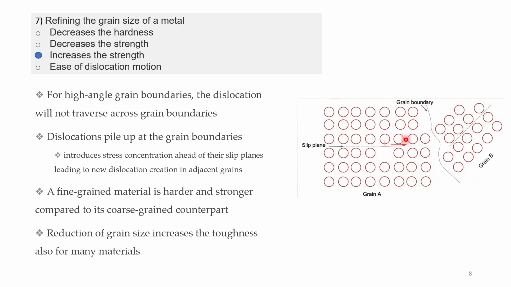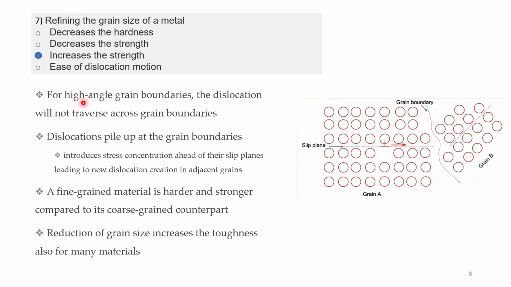In these areas your dislocation won't be able to move easily, so it will have to change the slip plane. Because of this there will be pile up of dislocations at this point, and because of that there can be multiplication as well. Now this will lead to increase in strength of the material.